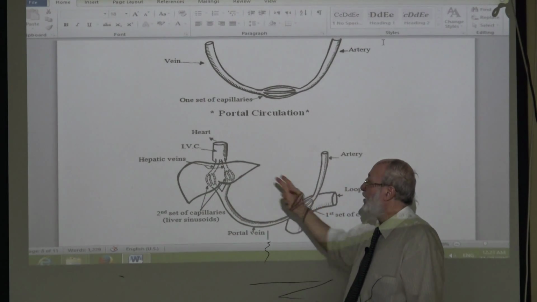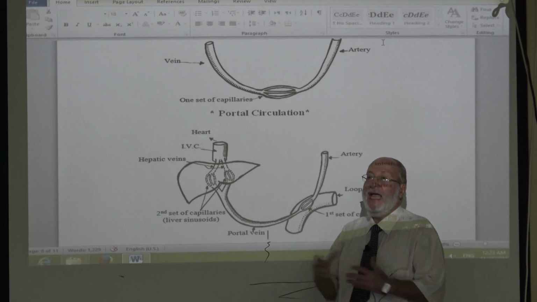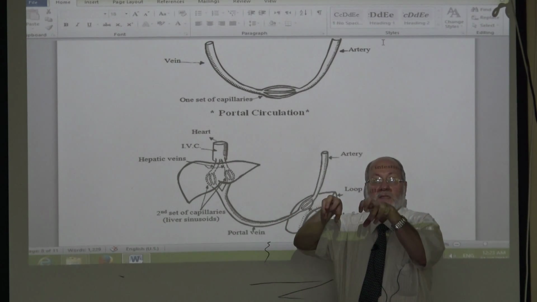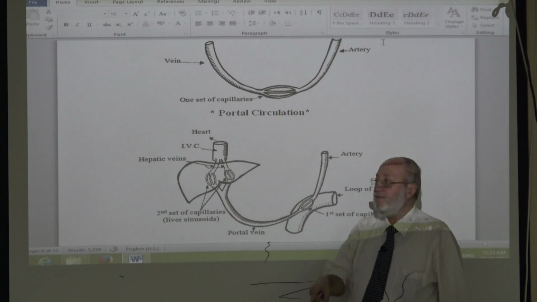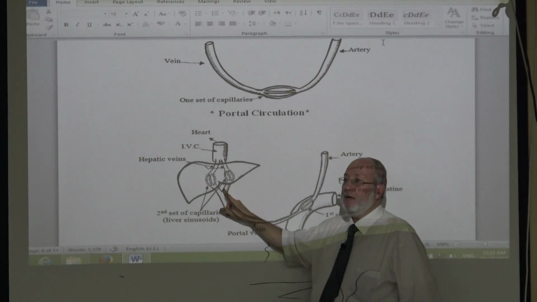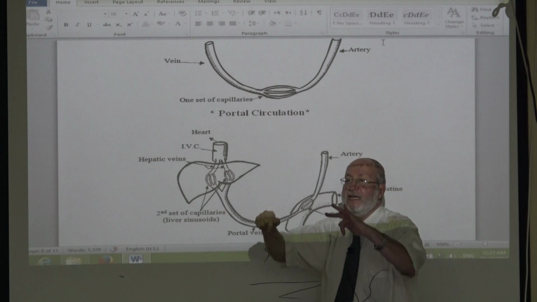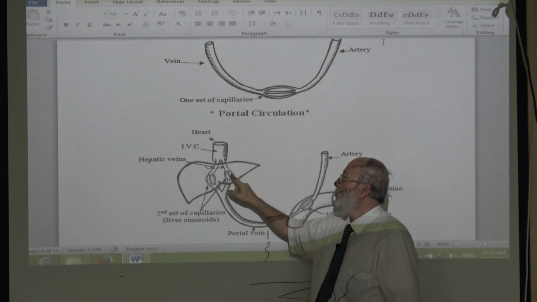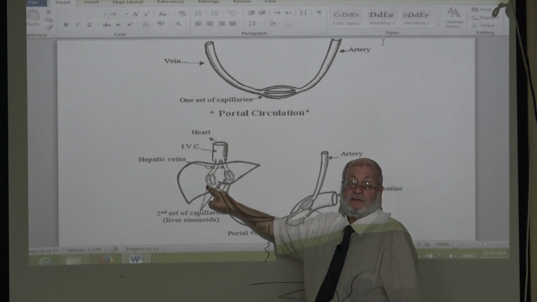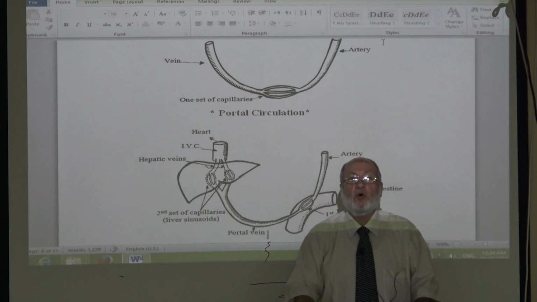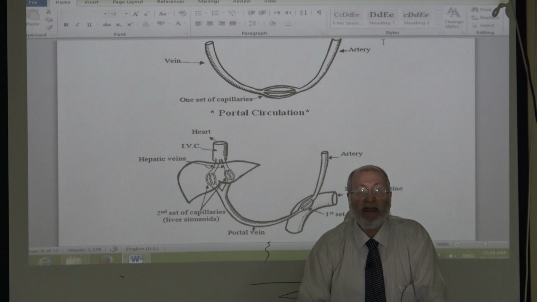Here, there are 2 sets of capillaries. In any systemic circulation, the veins enlarge until the superior and inferior vena cava. But here, the portal vein, after it is formed, is divided again into another set of capillaries. Therefore, any vein that divides in this way is called a portal circulation.